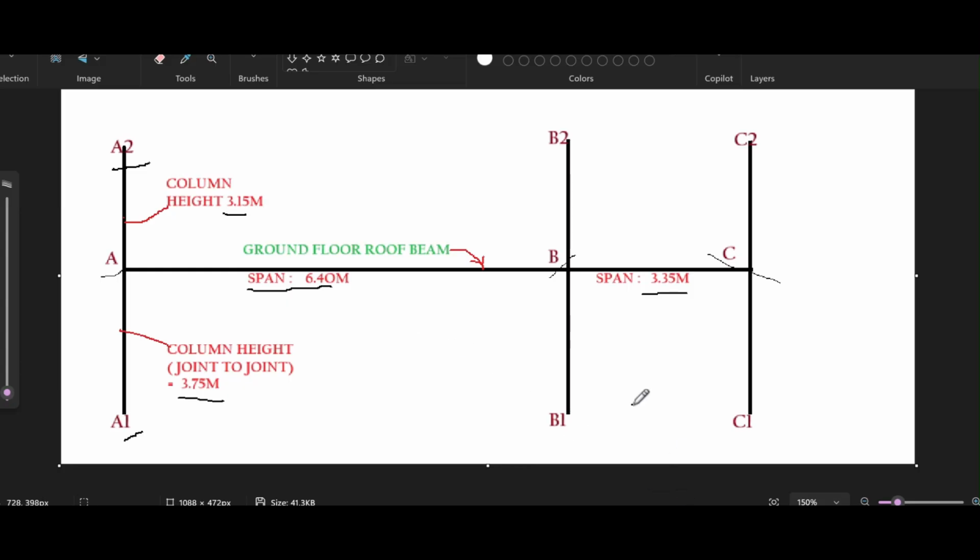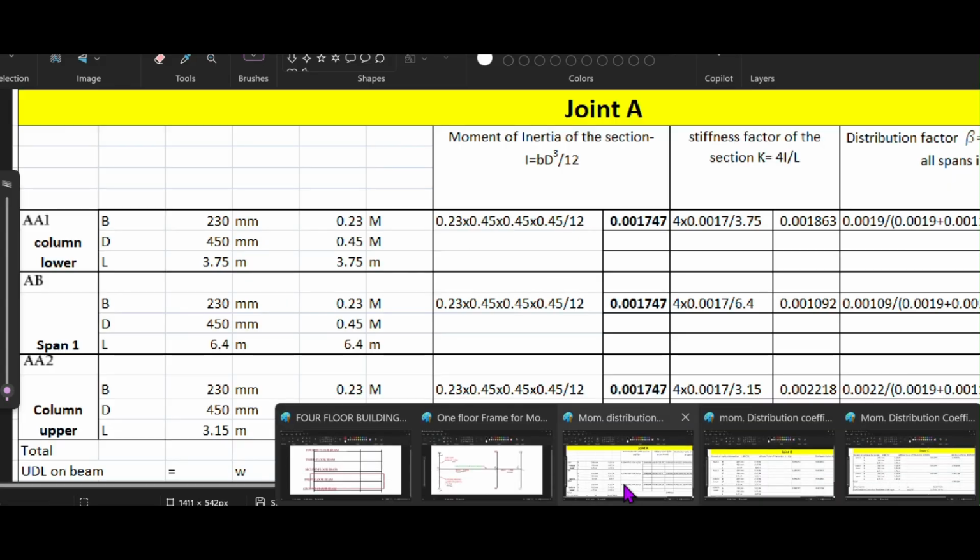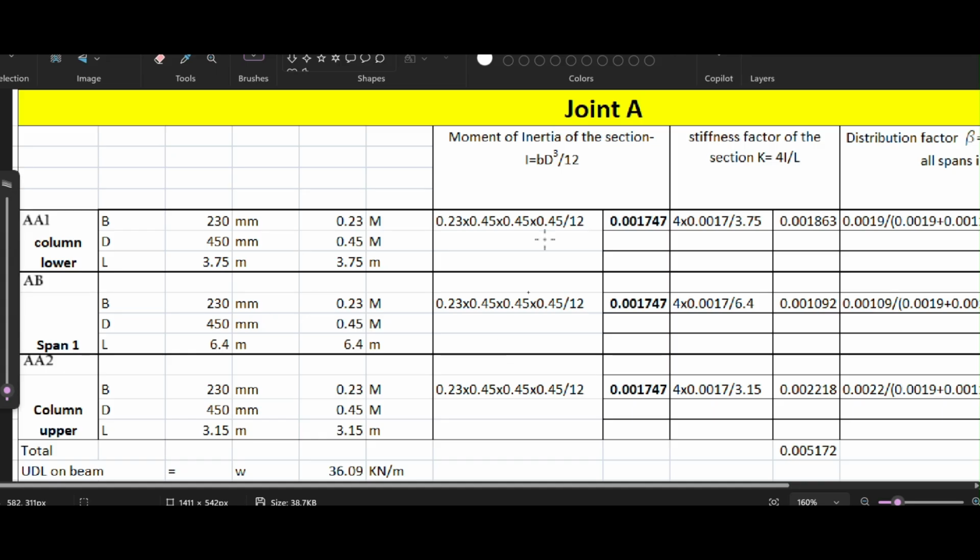Next, we are going to calculate certain things before going to the calculation method. This is a statement showing joint A, as we said in the previous sketch. Only things related to joint A we are seeing. In joint A, there is a beam AB, that is a horizontal beam, A side to B side.